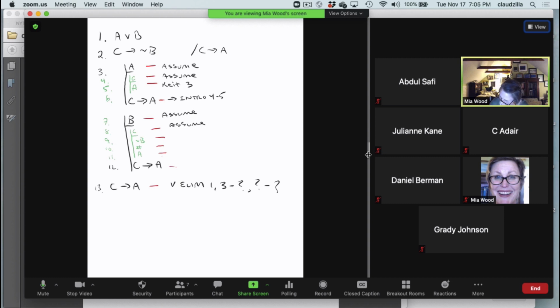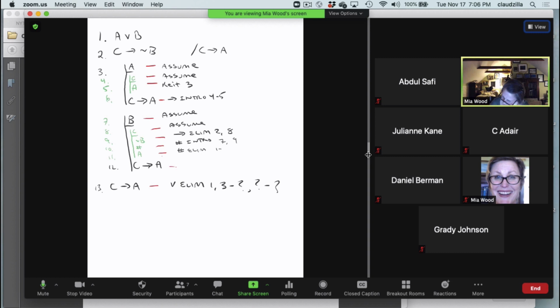All right, then we go back to an assumption. Then we have conditional elim 2 to 8. Then we have contradiction intro. You saw this a while ago; we're doing the same thing, just swapping the nesting. So contradiction intro, 7 and 9. Contradiction elim, 10.